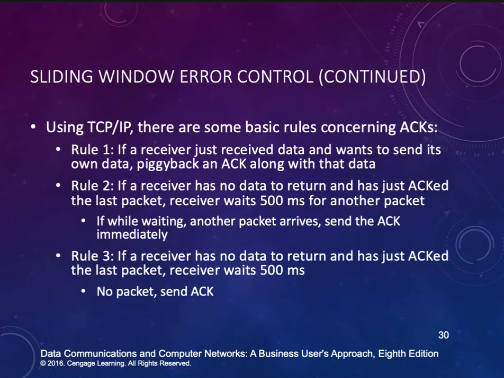So in TCP/IP, rule 1: the receiver just received a packet and wants to send its own data, so it piggybacks the acknowledge along with the data. Rule 2: no data to return, it has acknowledged the last packet within 500 milliseconds. Rule 3: the receiver has no data to return, just acknowledge.